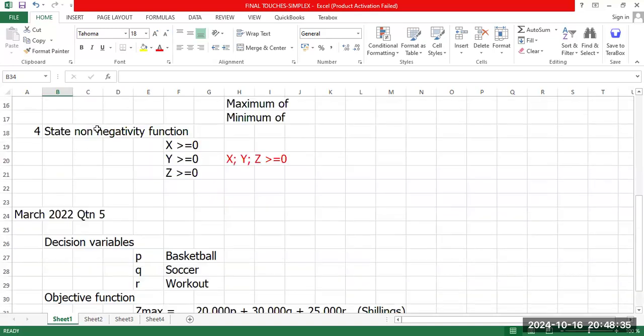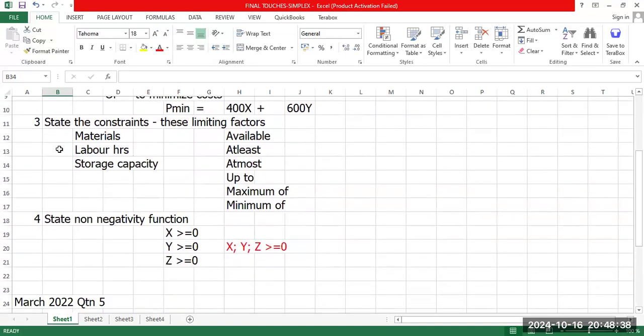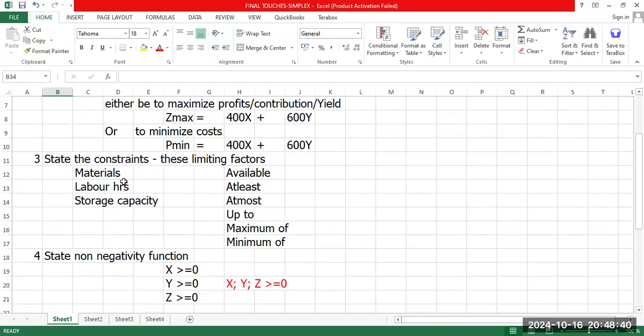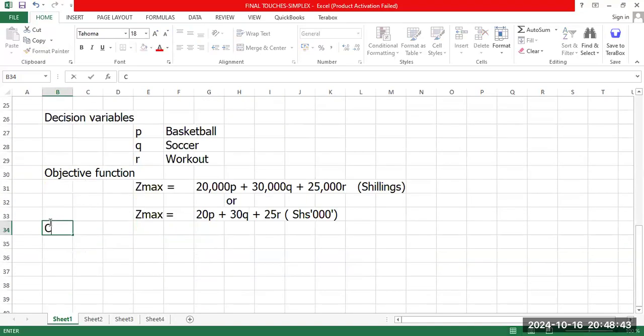Then next, based on our linear programming model steps, step number 3 is to state the constraints. Constraints. In the question, we have what and what? When you check, you have machine 1, you have machine 2, and then you have direct labor.